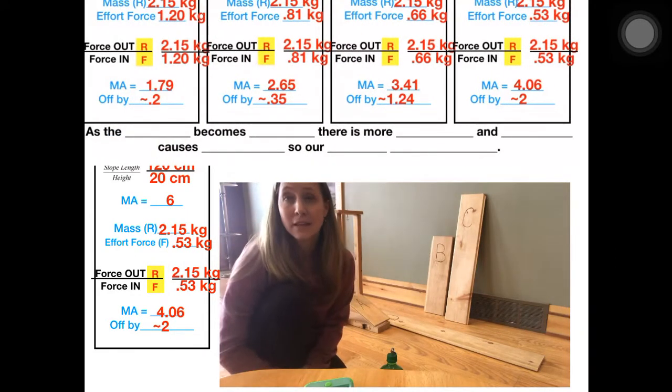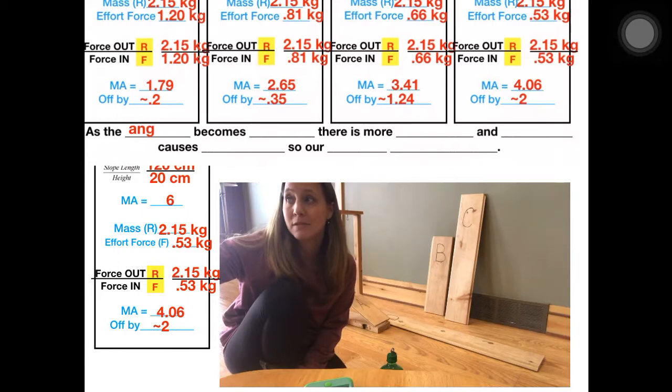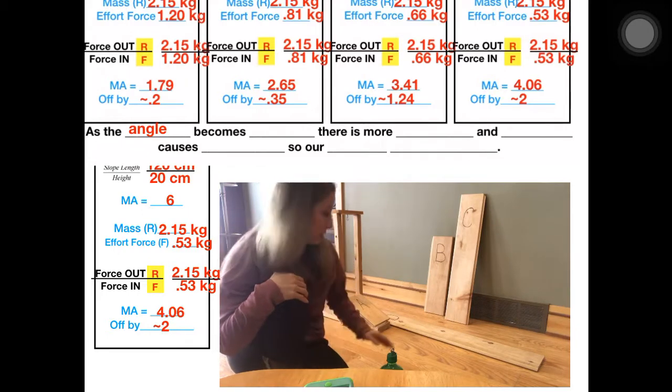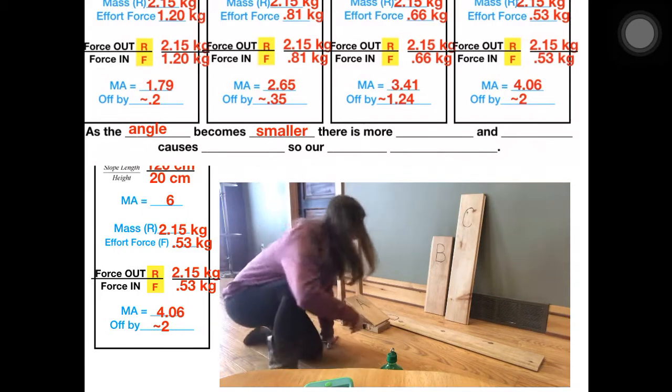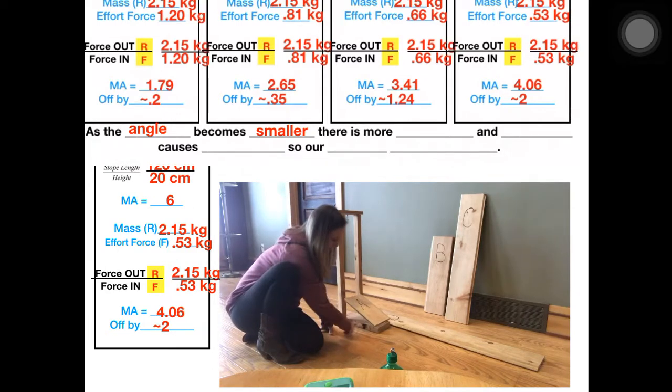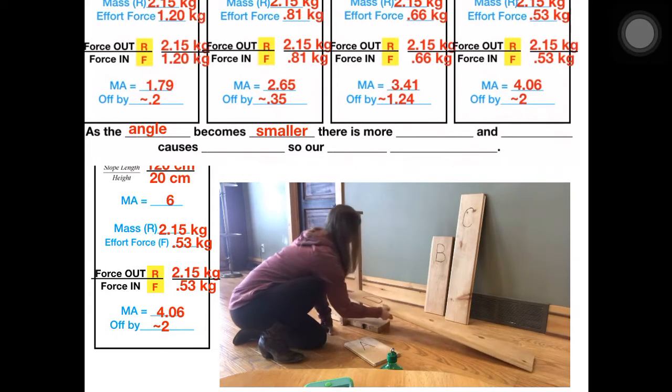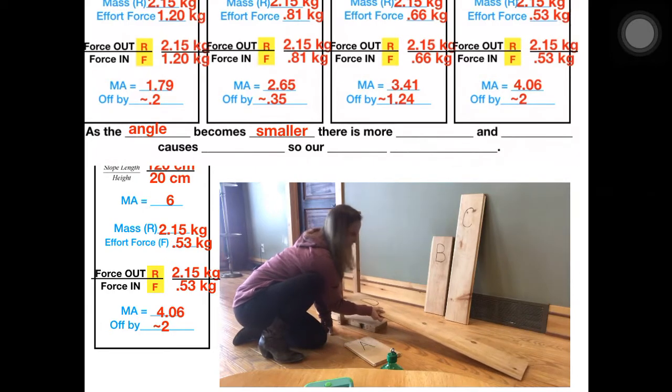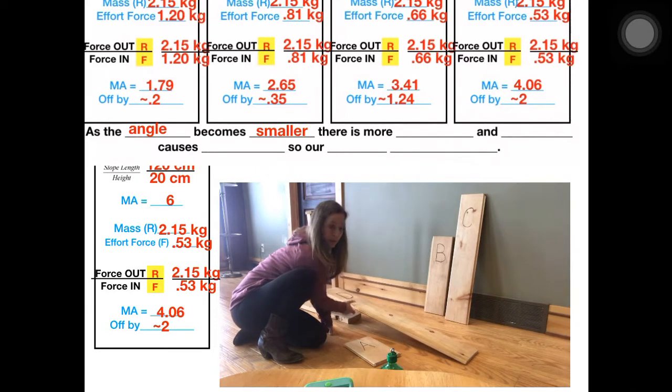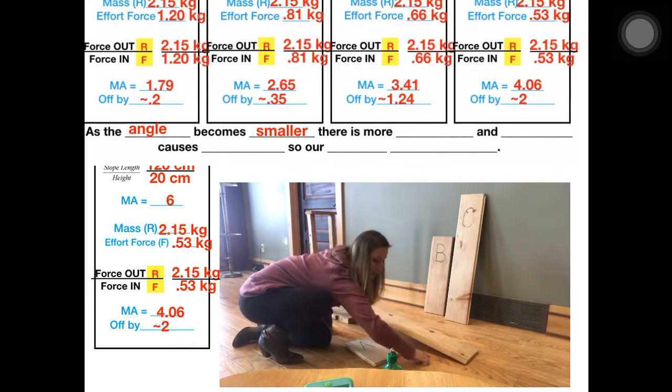And basically, what it is saying here is as an angle becomes smaller. Okay? So if we look at this angle here, this is an angle. And then if we look at this angle, I'm going to pull it up here. This is a much smaller angle.